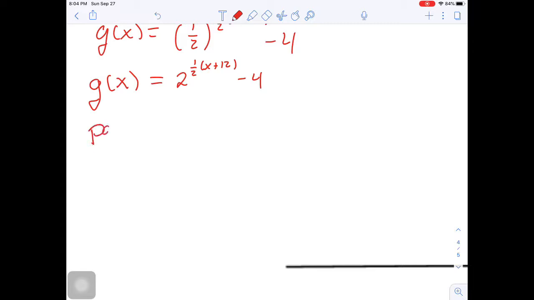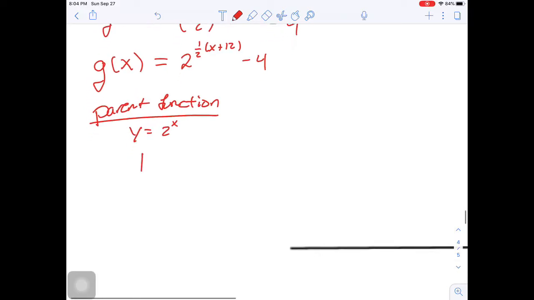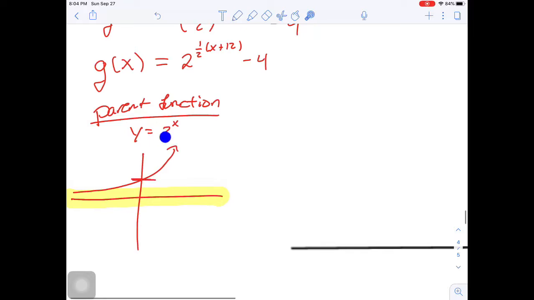Because now my parent function is y equals 2 to the power of x, which is a lot easier to deal with than 1 over 2 to the power of x. So remember, this all has those same characteristics. This is an exponential growth because c equals 2.